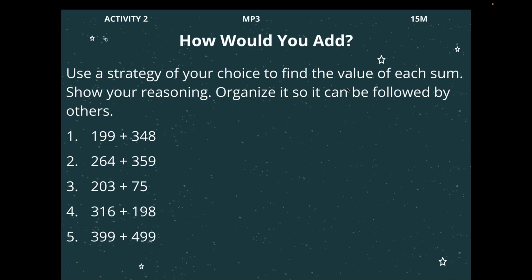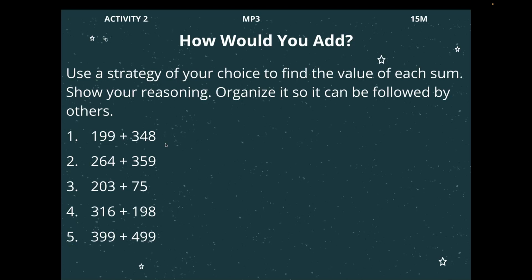Okay? It may be a mental strategy that you use. It might be a strategy that you have learned where you add a number to one number and then take a number away from the other number.